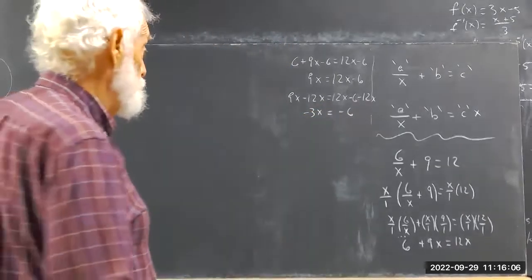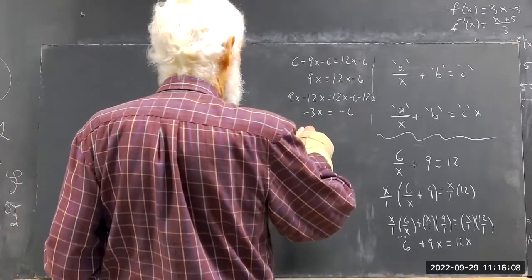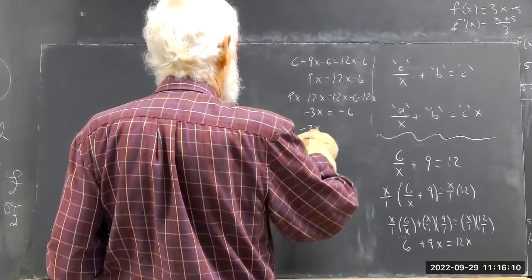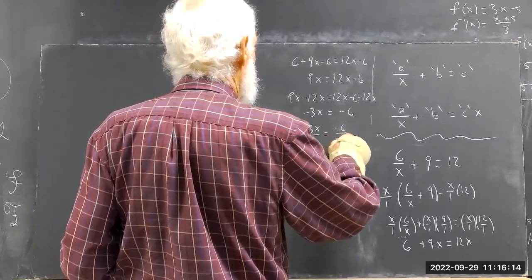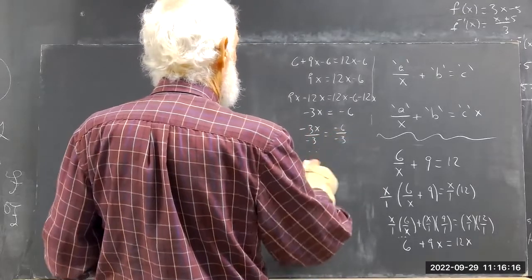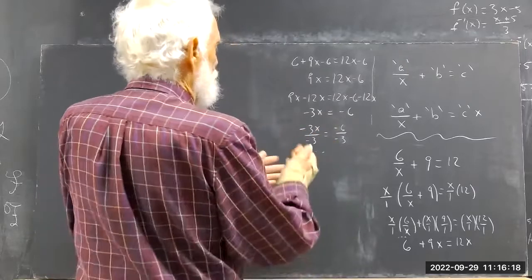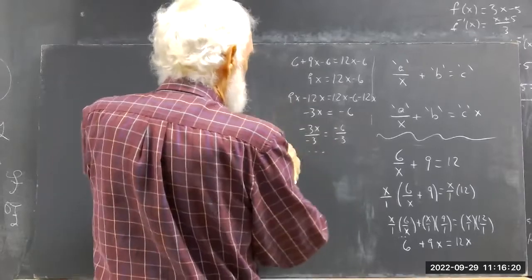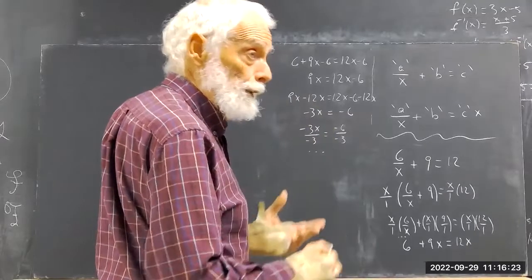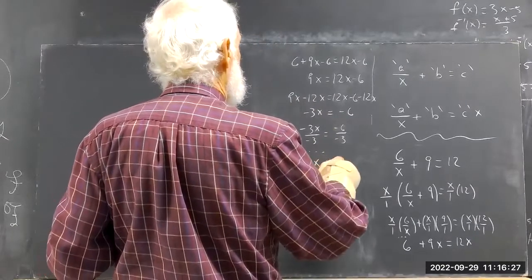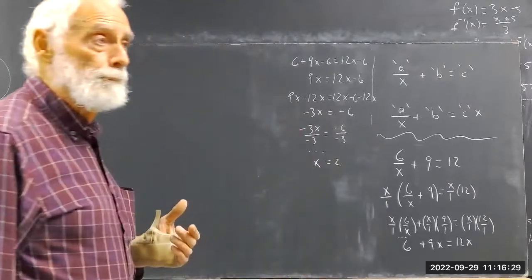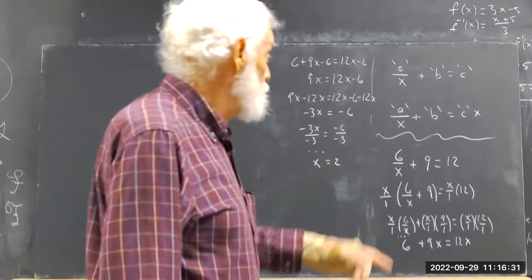And now what do we do? We simply divide both sides by negative 3. Rearrange that as negative 3 over 3 times x over 1, which is identical, and the negative 3 over 3 is equal to 1. So x equals 2. And we can plug that back in and check.